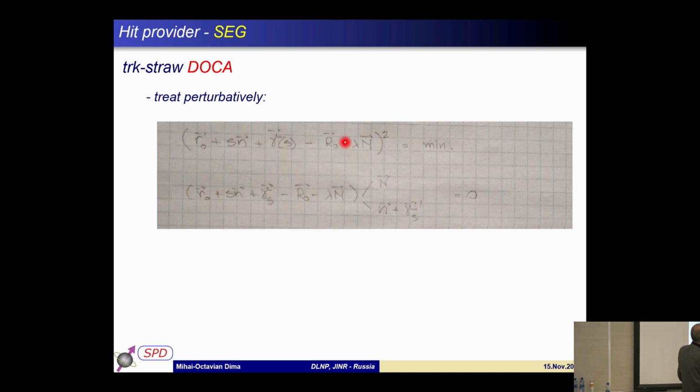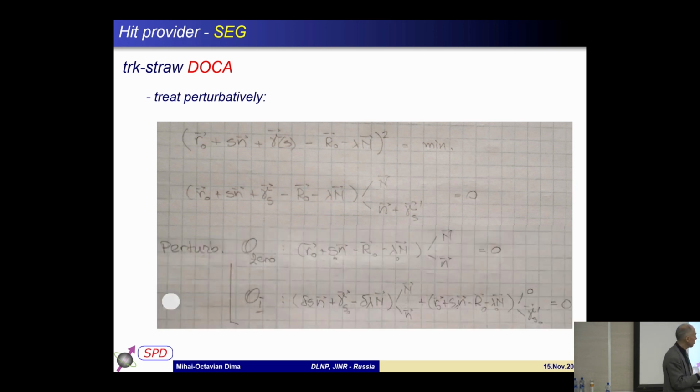Here you have the simple linear, and then you have this gamma, which is the nonlinear, and this is the straw here, this linear one. And okay, fine, you treat this perturbatively and you get an analytical solution for the deviation of the position of the distance of closest approach.